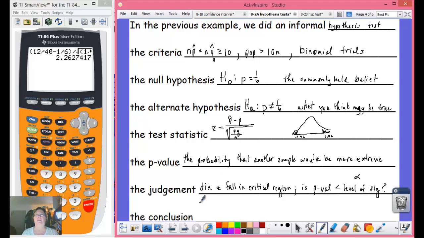The language for that is a little bit stilted. What you conclude is that you fail to reject H sub O. That would be, again, if you don't fall in the critical region.